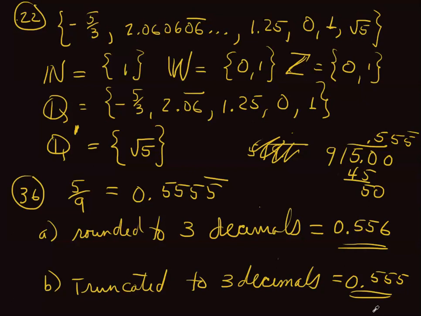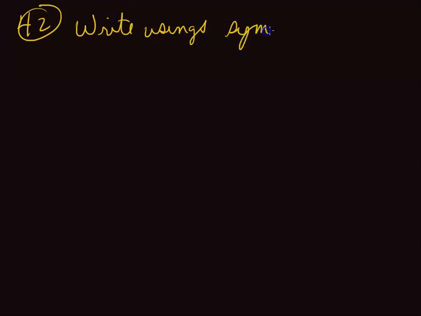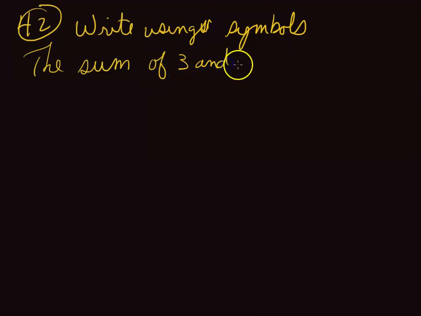Number 42. Let's go to a new screen. Write using symbols. The sum of 3 and y is the sum of 2 and 2.